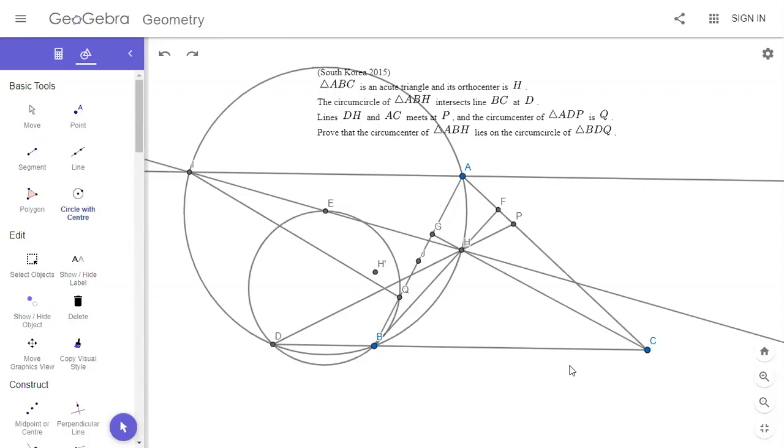Wait, what are you taking as Q now? Oh, I defined Q to be the intersection of the circumcircle of EDB with AB. Oh, I see. Yeah, so I redefined stuff. We can try proving EQ is perpendicular to AD. That would work.